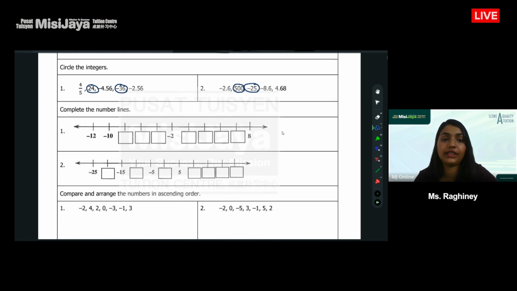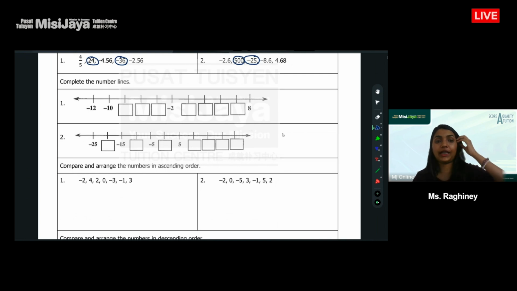Okay, let's see this one. Complete the number line. Okay, how do I get from here to here? From here to here, I add 2, isn't it? So if I add 2, I get -10. And then I add 2 again, I should get -8.